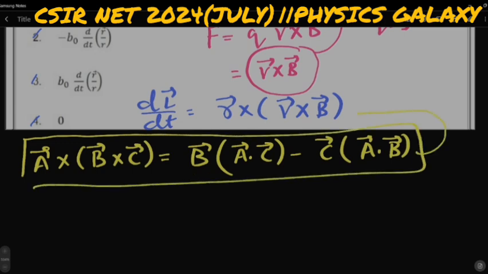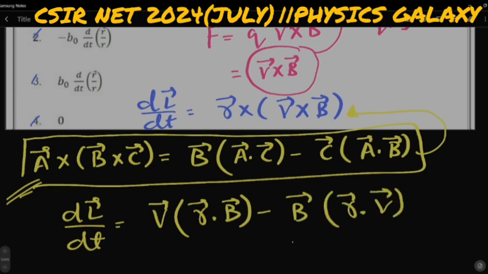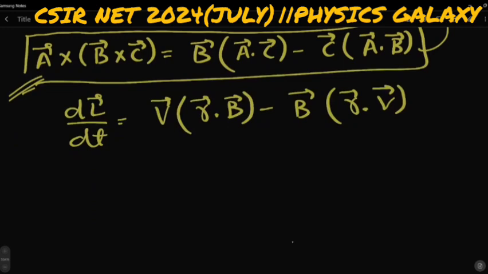Now if we use the same formula for our expression, dL by dt will become v times r dot B minus B times r dot v. Okay, so let's solve it.